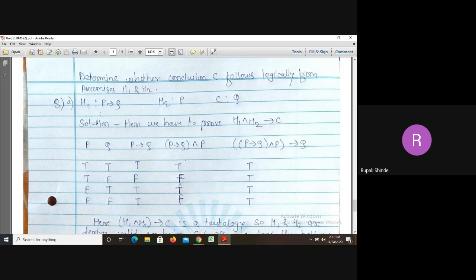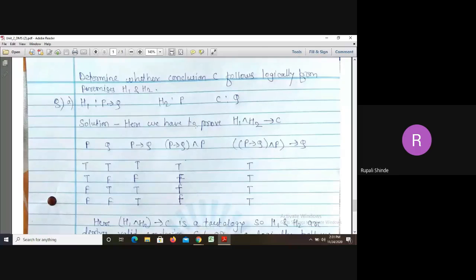Value of H1 is P conditional Q, value of H2 is P, and value of conclusion C is Q. So how can we check it? What is the formula? We have to take conjunction between all the premises, that is P conditional Q and P, and then we have to take its conditional with Q. And if that is a tautology, then only we can say that Q is a valid conclusion for given premises.